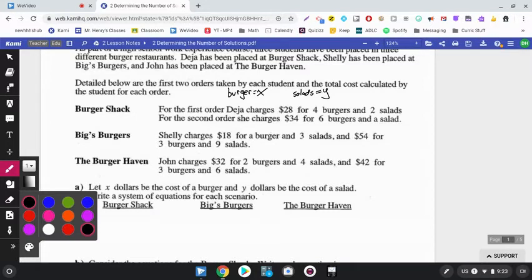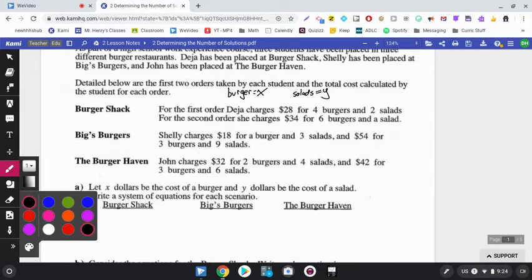It says that below in question A, but I want to get using that reference right off the bat. So instead of writing burger, I can just write x. For the first order, Deha charges a total of $28 for 4 burgers and 2 salads. The next order was $34 for 6 burgers and 1 salad.